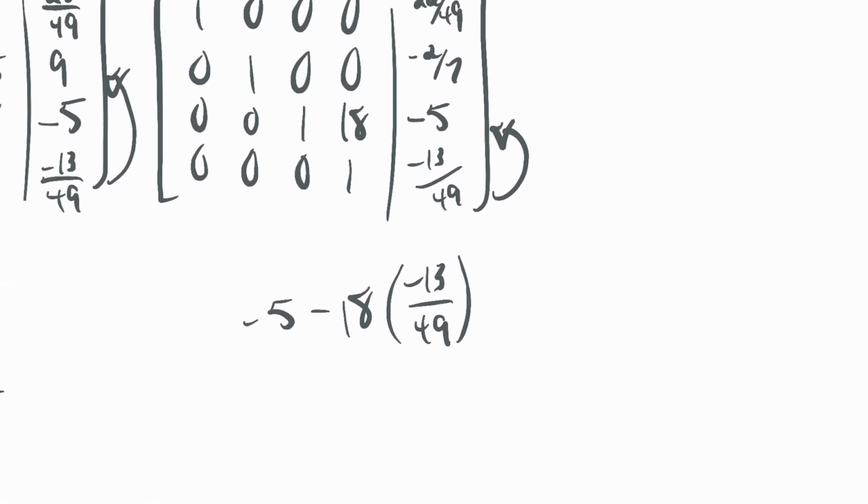Okay, so 5 times 49, so 245. So negative 245 over 49 plus, what's 18 times 13? 234 over 49. Is that negative 11? Yeah, negative 11 over 49.